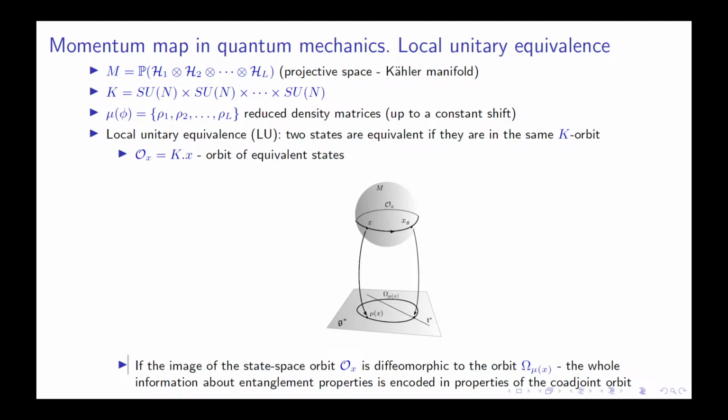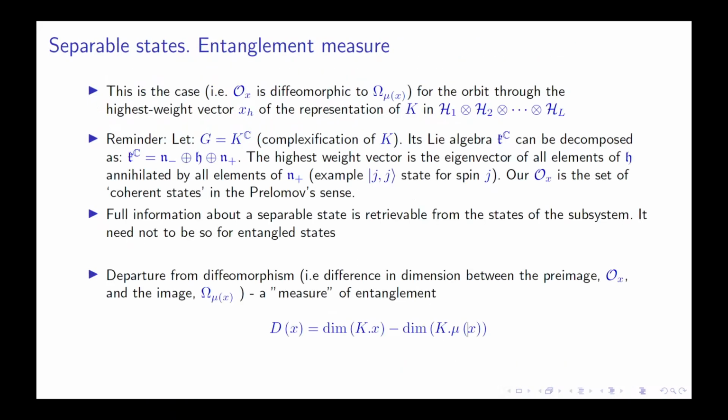I can characterize my state X, or rather the orbit through it, via the spectra of reduced density matrices. But it doesn't happen too often.